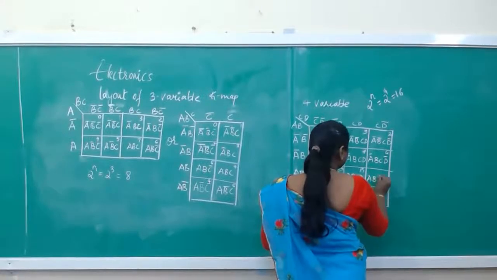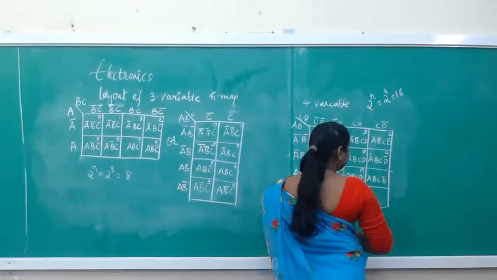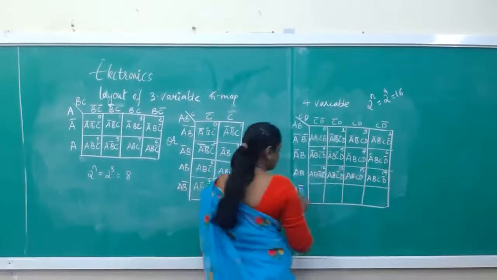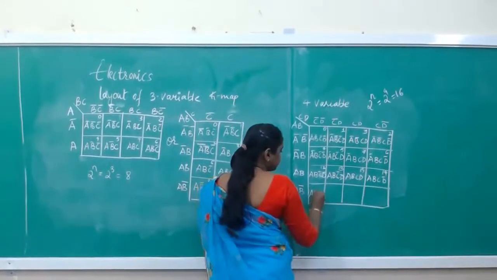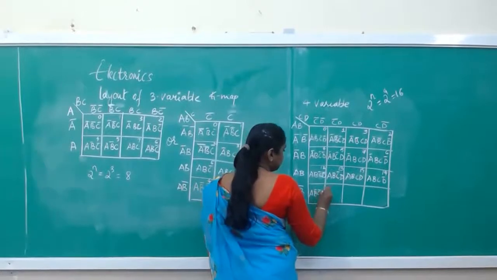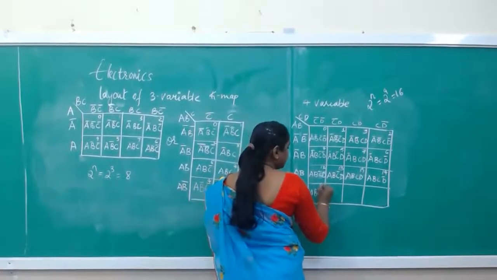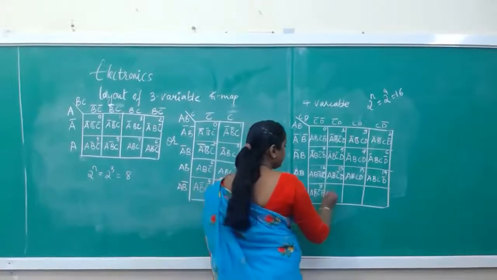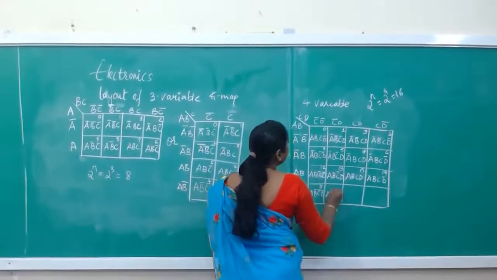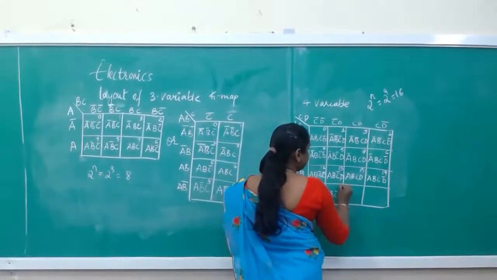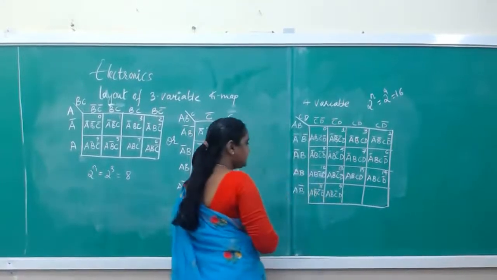A, B, C, D bar, 1 1 1 0, that is 14. A, B bar, C bar, D bar, 1 0 0 0, that means 8. A, B bar, C bar, D, that means cell number 9, 1 0 0 1.